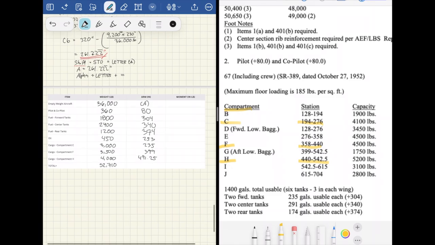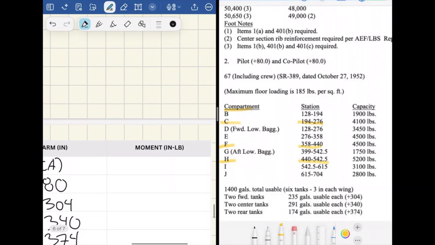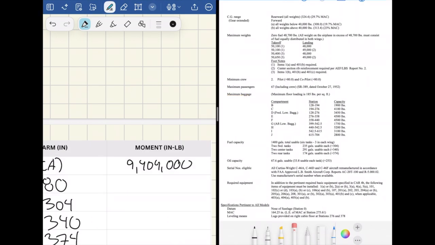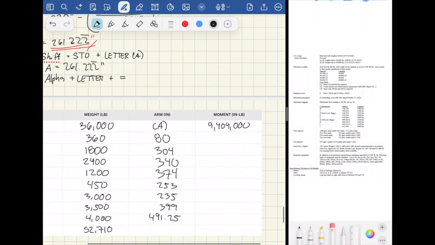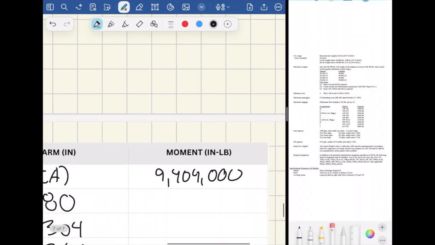Okay, so again, 36,000 times the stored value. We have 9,404,000. Okay, wait lang. Let me move this out of the way para tayo ay makapag-solve ng maigi. Okay? Yan. Alright, kay co-pilot and pilot naman, we have 28,000.